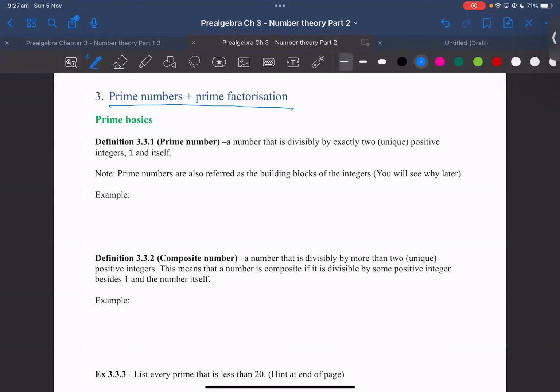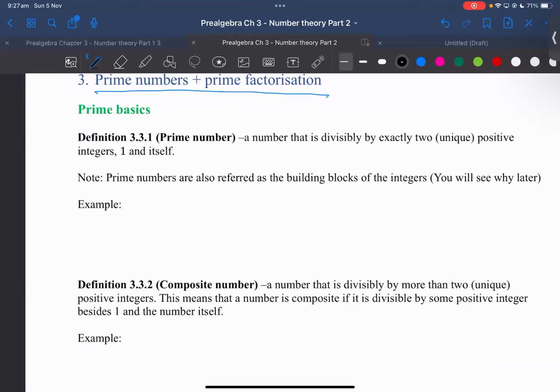So, you have a start. Yes. So, prime numbers. You go through prime numbers first. Then after that, we're going to go to prime factorization, which is a little bit of a more advanced topic, right? So the basics of prime.